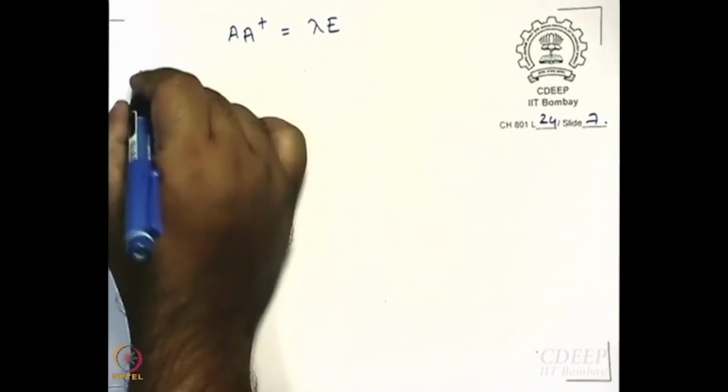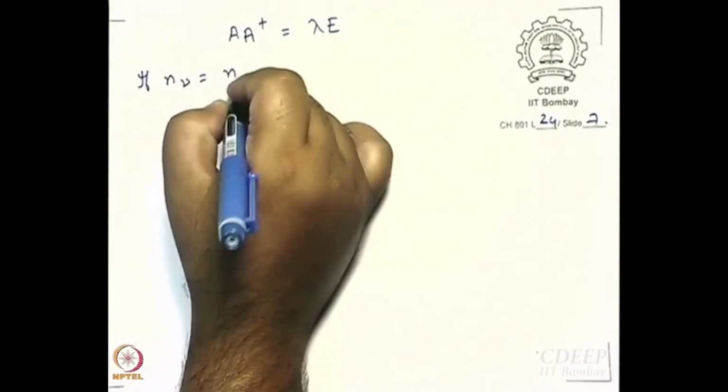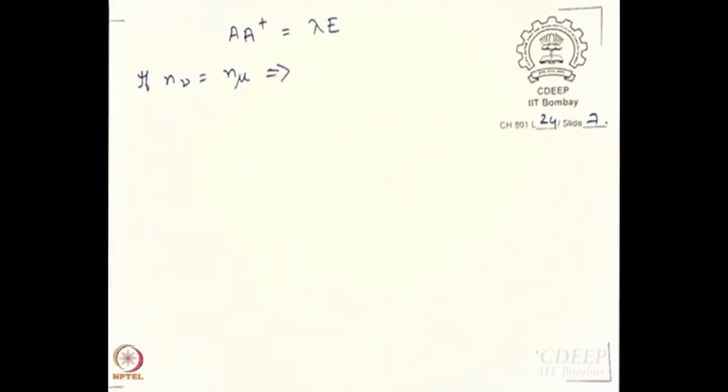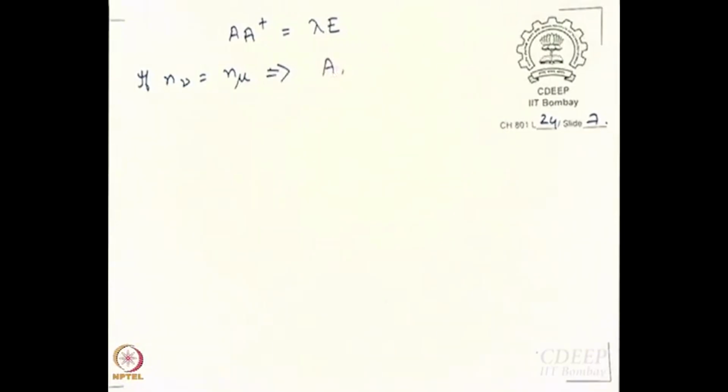So, what happens if n nu equal to n mu? What kind of matrix will A be? Circular matrix? Square matrix? And what about A dagger? So, it will be square of square matrix, right?